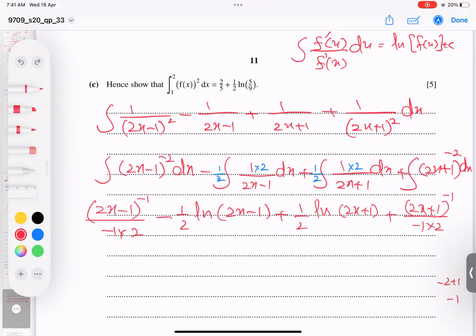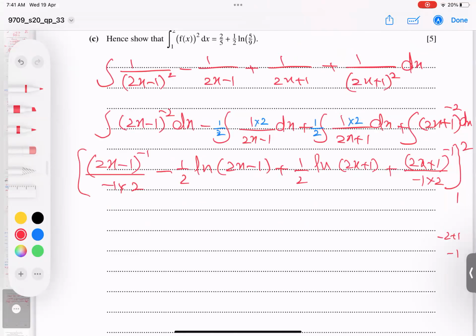So this is clear. And now I'm writing the limit, and the limit is what we have here, 1 to 2. Now simplification is required, and whenever we have a negative power, we will make it positive. So bring this whole thing into the denominator. And so I write here 1 over 2(2x minus 1).